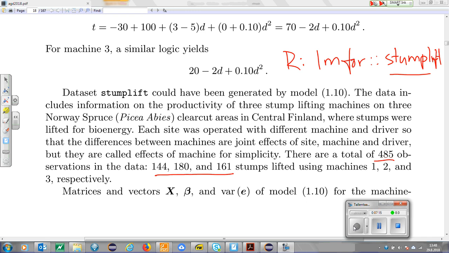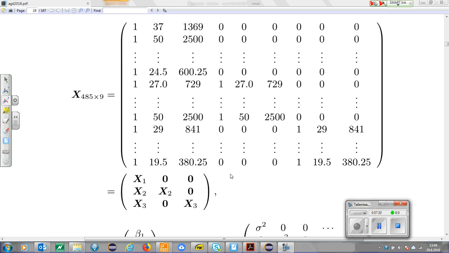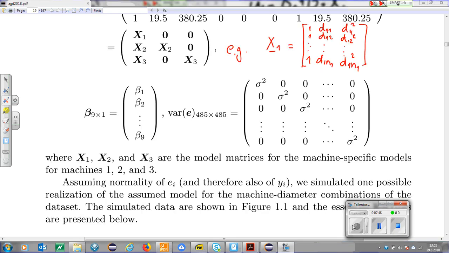And now I will show the matrix formulation for this particular model. So the model matrix is big. It has 485 rows and 9 columns. But it can be written in a compact form like this, where x1 is the model matrix for the first machine, x2 for the second machine, x3 for the third machine. So for example, x1 would be a matrix including diameters.